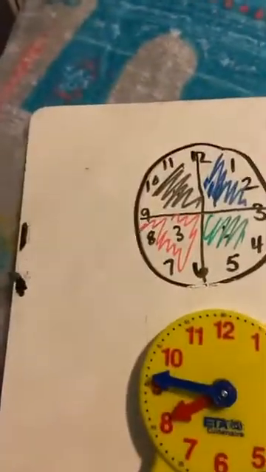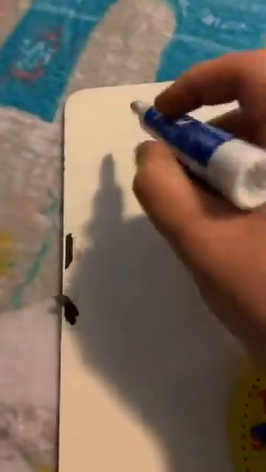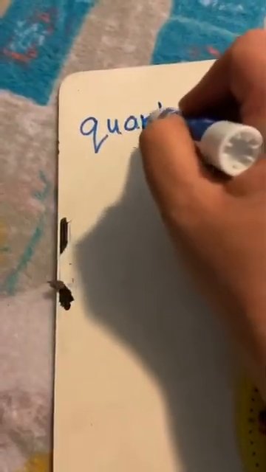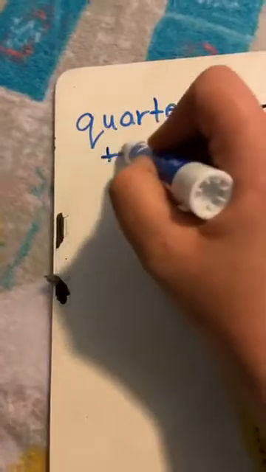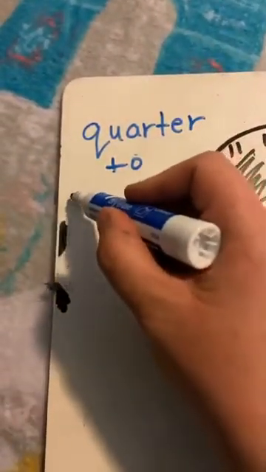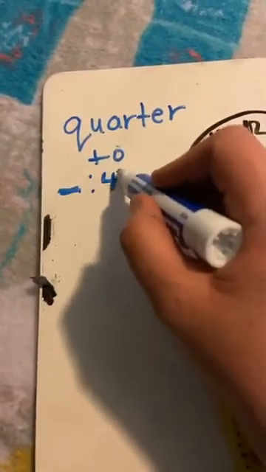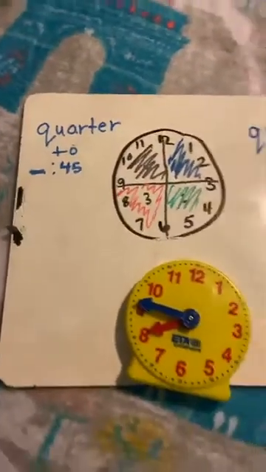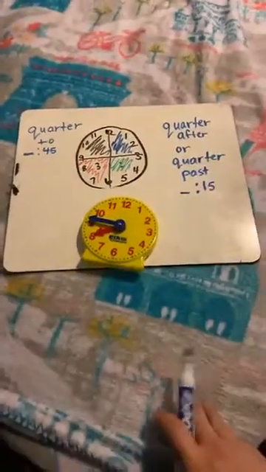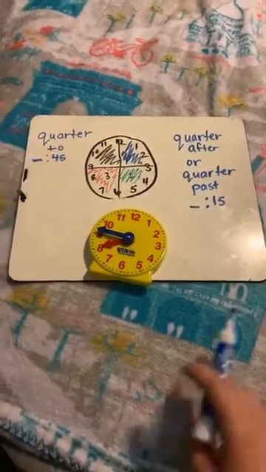Now, if we switch over here to this side, a quarter to a number is always going to have the same hour hand, but then it's always going to end in what? 45. Very good.